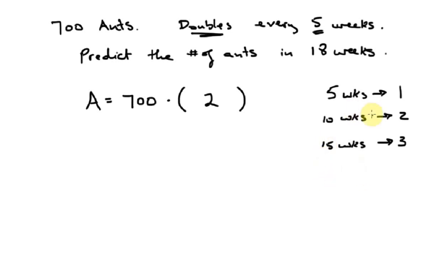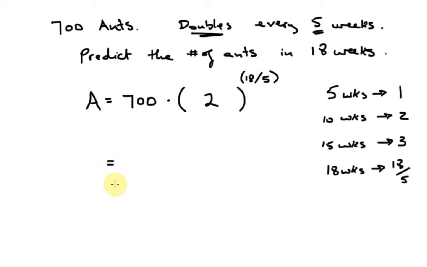So how am I figuring out the number of growth periods from the number of weeks? If 15 becomes a 3, or 10 becomes a 2, I take the number of weeks, in this case 18 weeks, and just go 18 divided by 5. That gives me the correct number of growth periods. So my exponent, and you can either make it a decimal or be sure to put brackets around it on the calculator, is 18 divided by 5. That's how many growth periods it went through.